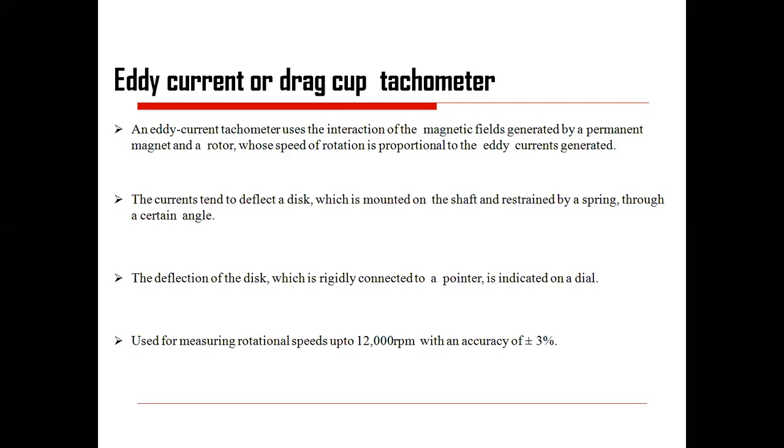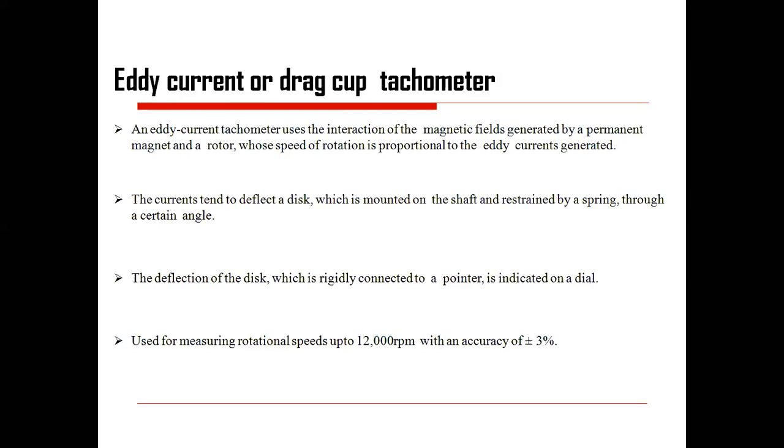Your concept will be clear here: the eddy current tachometer uses an interaction of the magnetic field, generated by a permanent magnet, and a rotor whose speed of rotation is proportional to the eddy current generated.